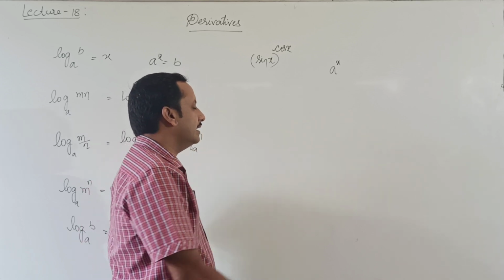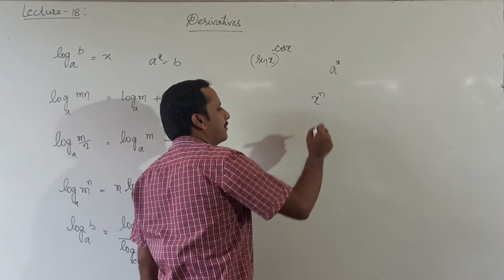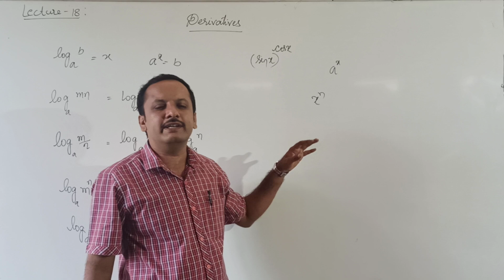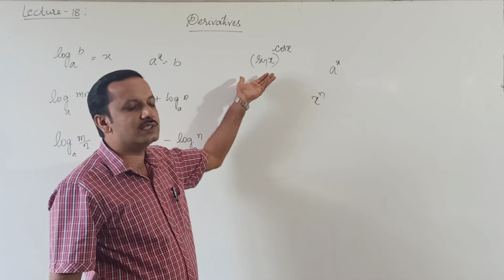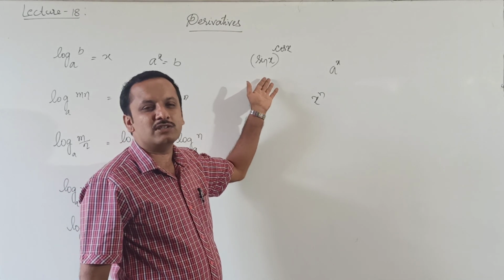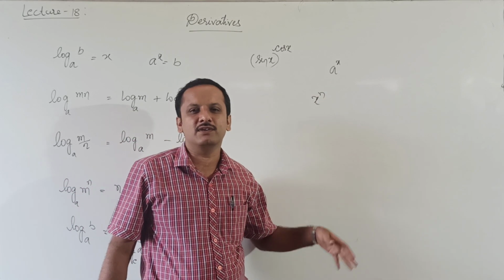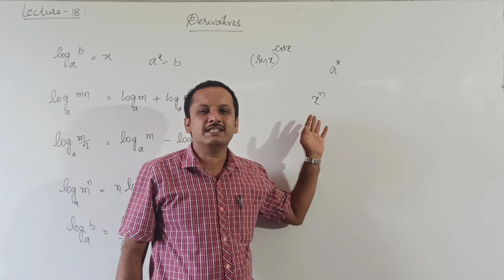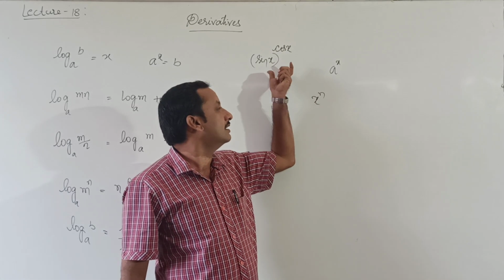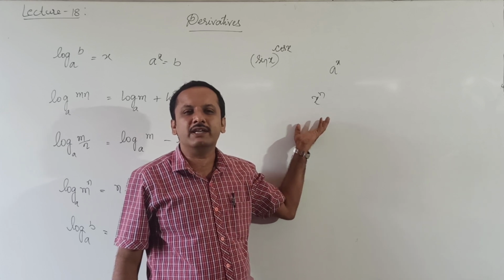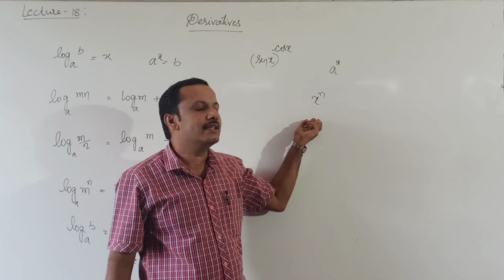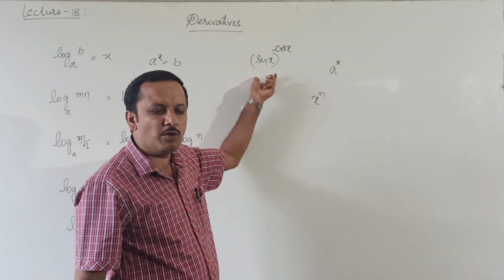Then the next question is, can I compare this with x power n? Because we already know that the derivative of x power n is n into x power n minus 1. Then can we write the derivative of this as cos x into sin x to the power cos x minus 1 into the derivative of sin x, etc.? Is it possible to see that it is in this form x power n? The answer is no. Because in x power n, the base is x, which is a function, that's okay, no problem here.